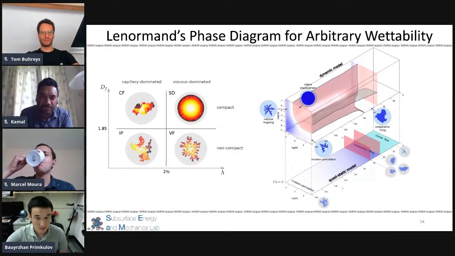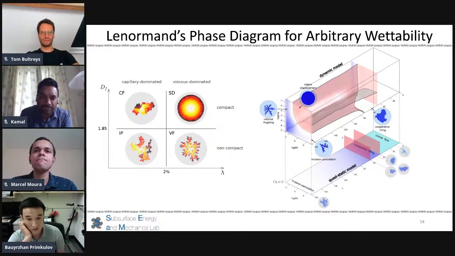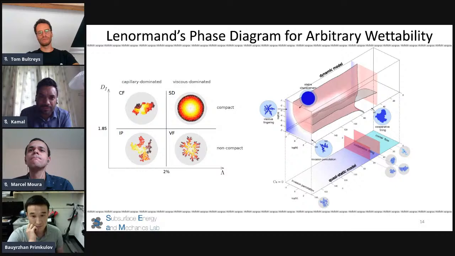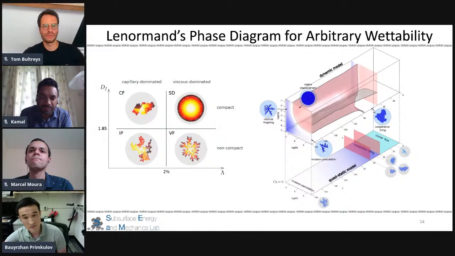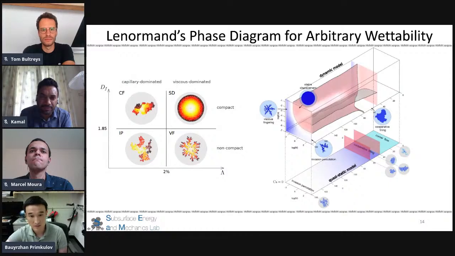Then we choose these threshold values, and you get the picture of Lenormand's phase diagram now extended for arbitrary wettabilities. The front phase is what Lenormand had originally. So you span regions of viscous fingering, invasion percolation, and stable displacement, and then you get typical invasion patterns.